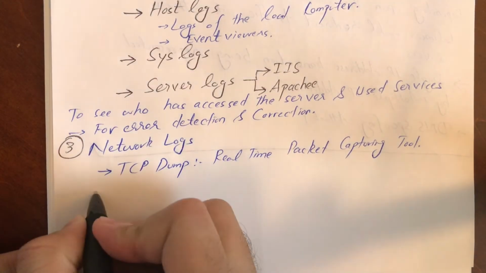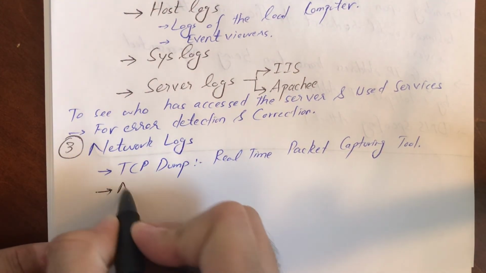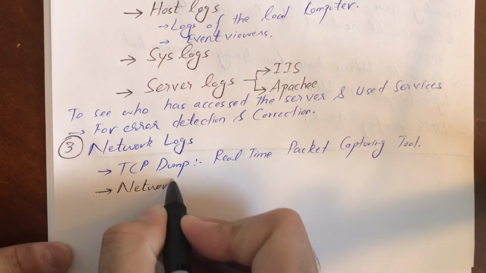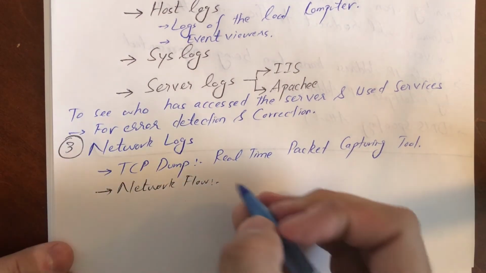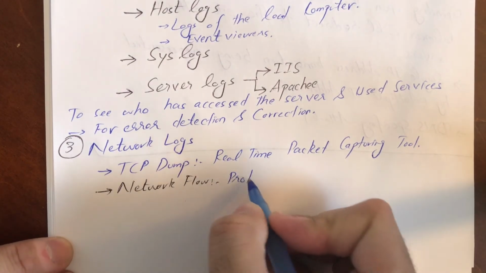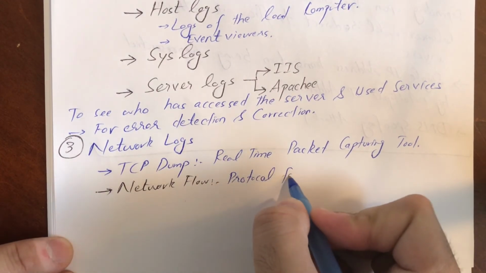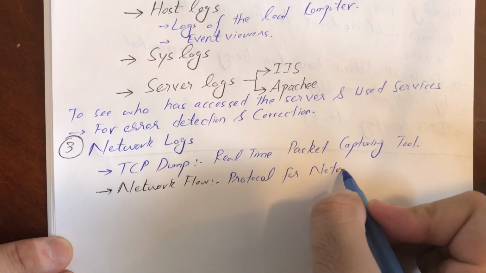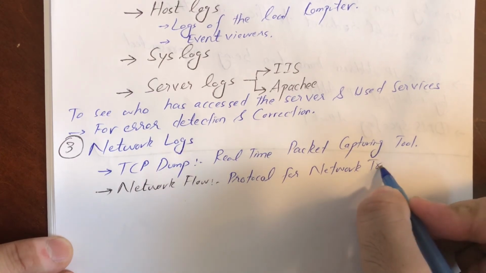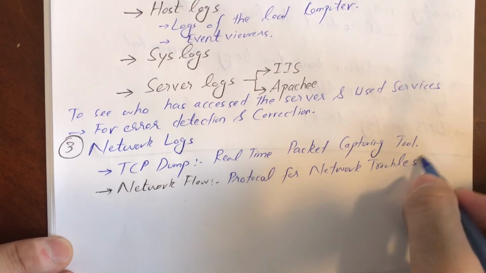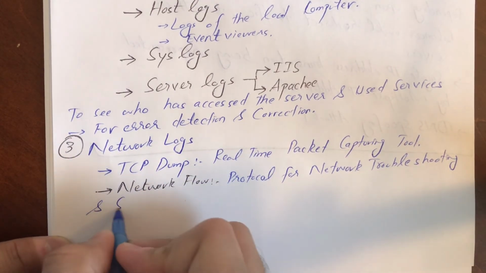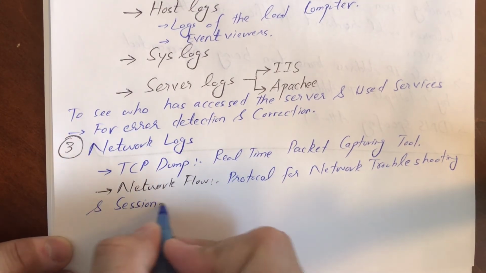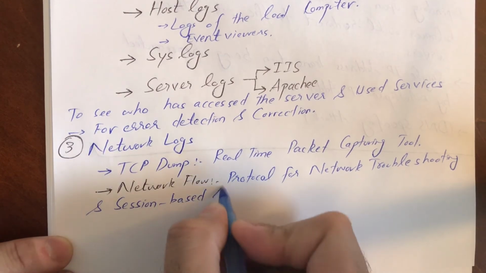Another tool or protocol that we use in network log is called network flow. Basically, network flow is specifically designed, this is a protocol, for network troubleshooting and session based accounting.